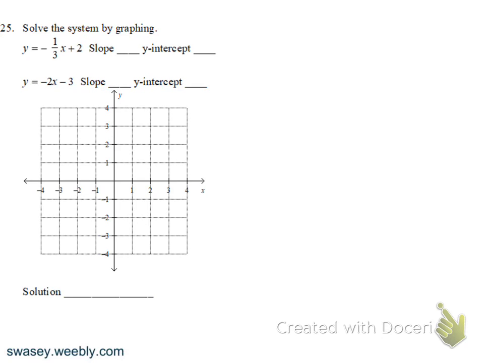We're solving a system of two linear equations, so we need to list our slope and our y-intercept for each. So for the first one, our y-intercept's 2, and then we'll go down 1 to the right 3. You could also go up 1 to the left 3, and then we'll connect those. For the next one, our slope is -2, -2/1, since we're graphing, and our y-intercept's -3.